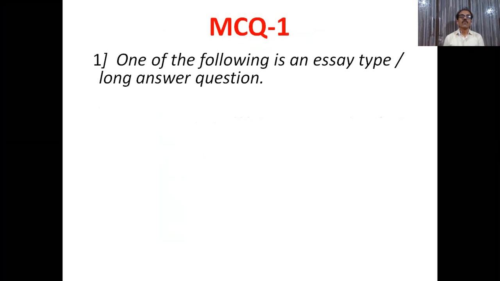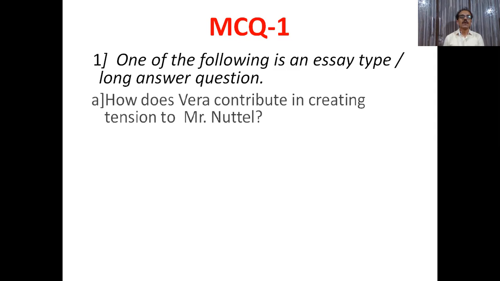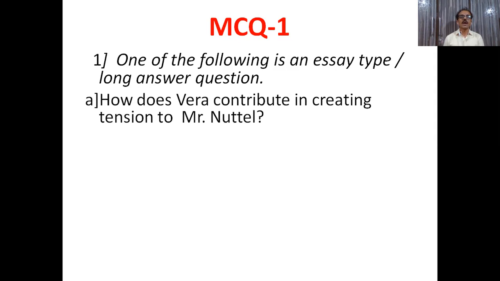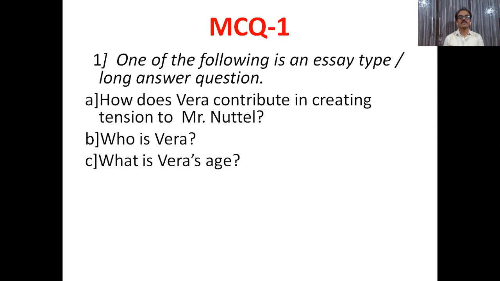One of the following is an essay type or long answer question. This is types of question. Question A: How does Vera contribute in creating tension to Mr. Nuttall? Question B: Who is Vera? Question C: What is Vera's age?